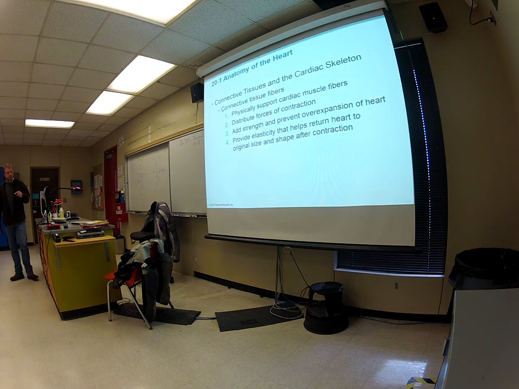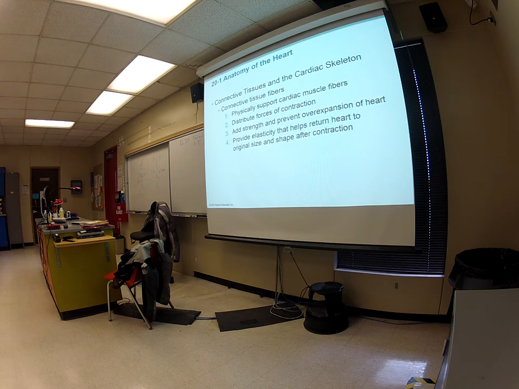All right. Connective tissue and cardiac skeleton. Connective tissue fibers physically support the cardiac muscle fibers, distribute force of contraction, add strength, and prevent overexpansion of the heart. This is the covering of the heart, such as epicardium.